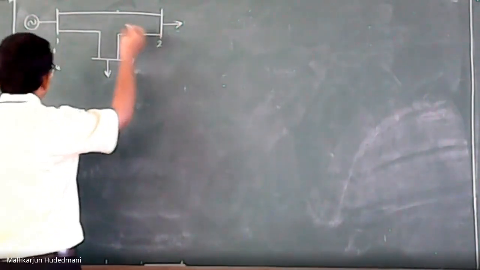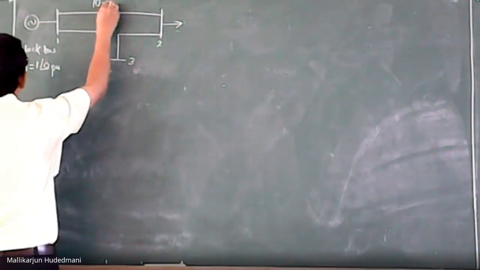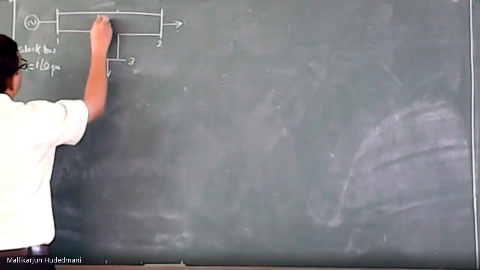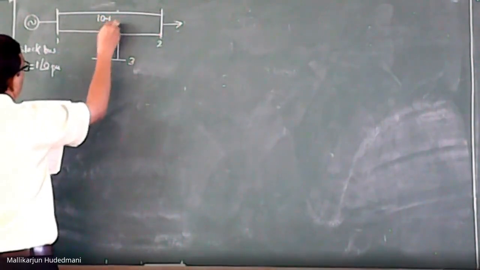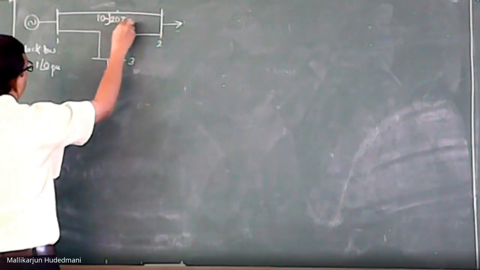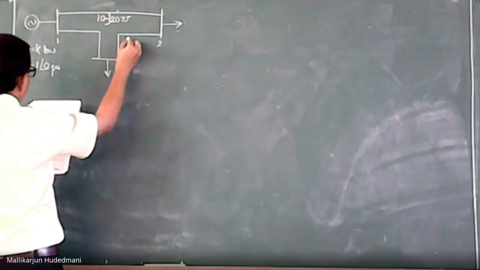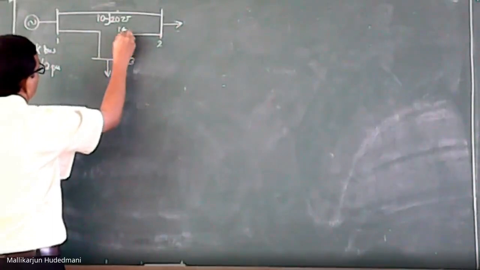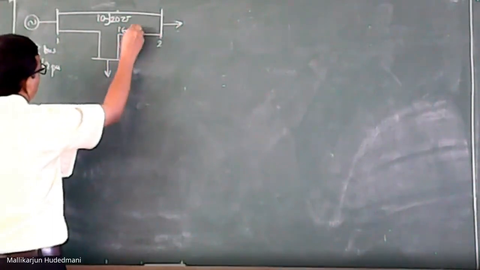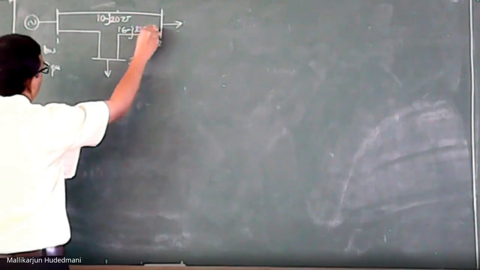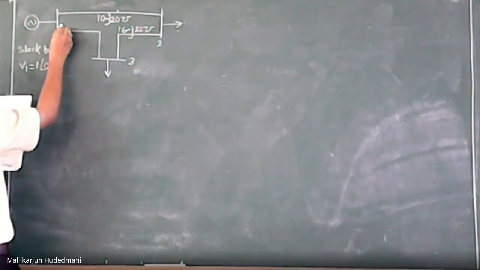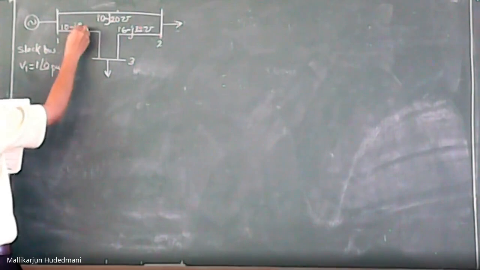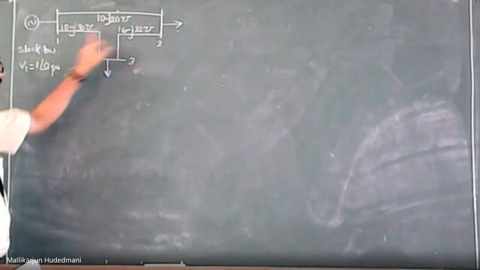This is a load bus. This is a load bus. You have this as 10 minus j20 mho, and this is 16 minus j32 mho. This is 10 minus j30 mho. You have been given transmission line data in mho, meaning admittance is mentioned directly.